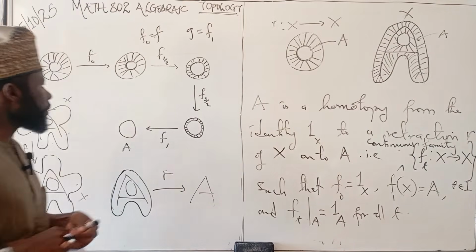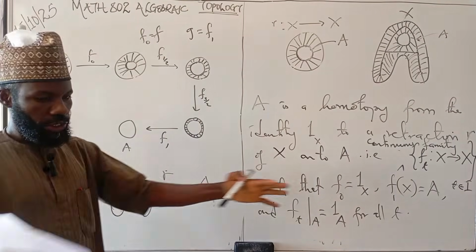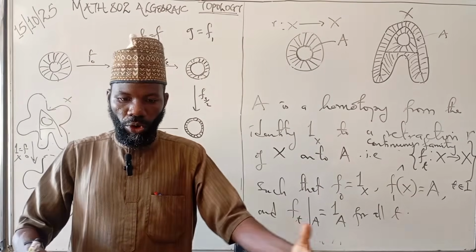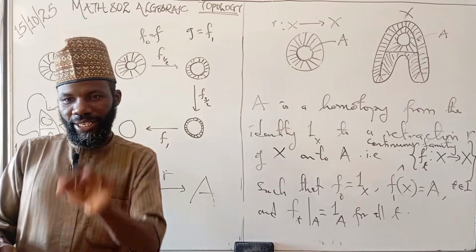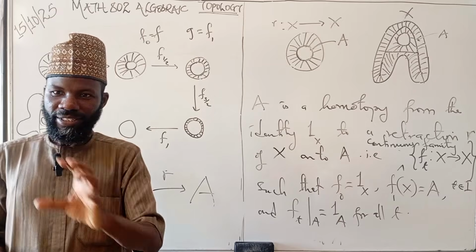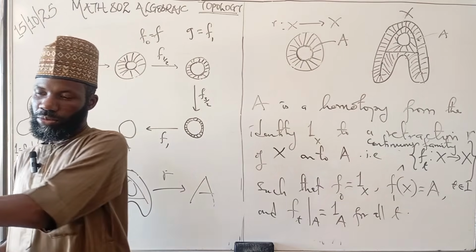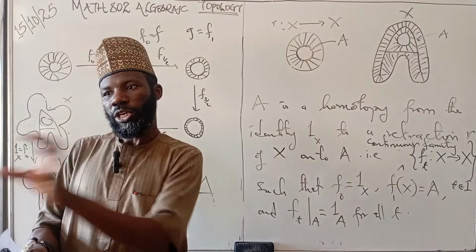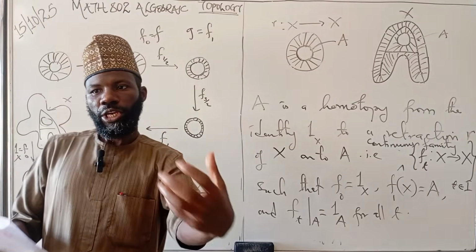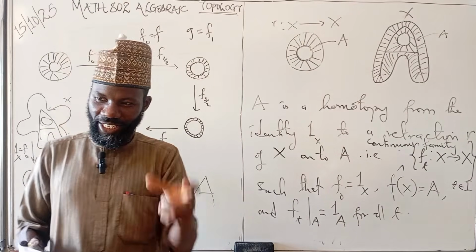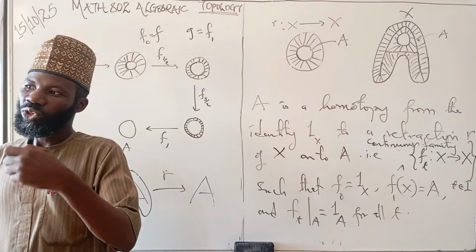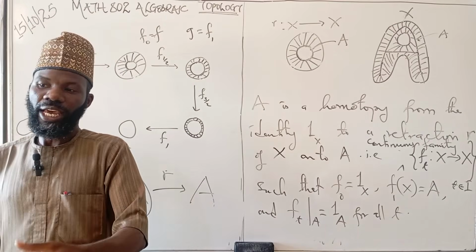And then, if in the process of the homotopy, there is a subset A of X that F0 maps to, the image of this subset A of X is not changing with time. That is fixed.